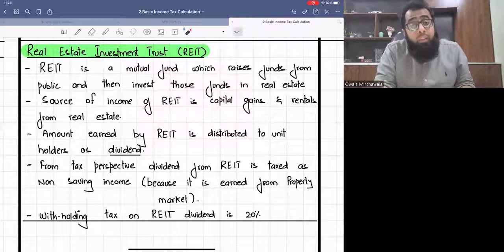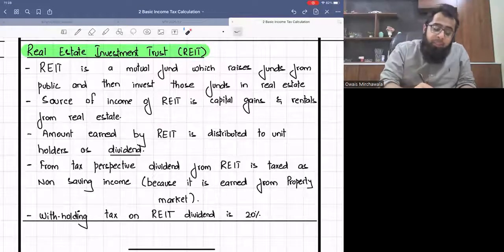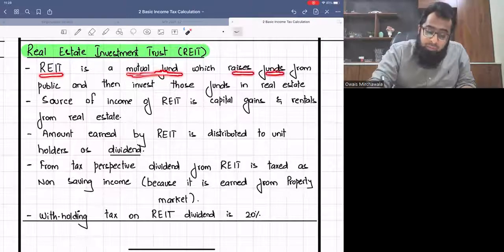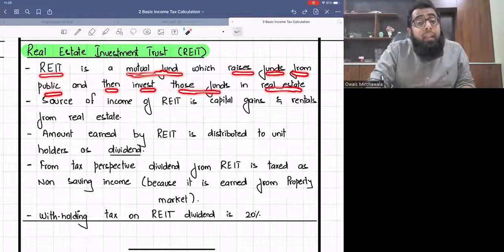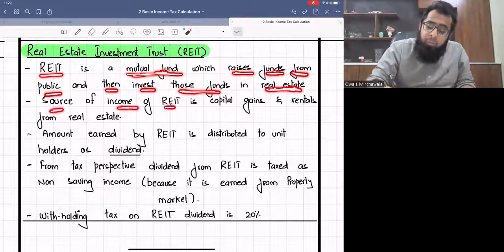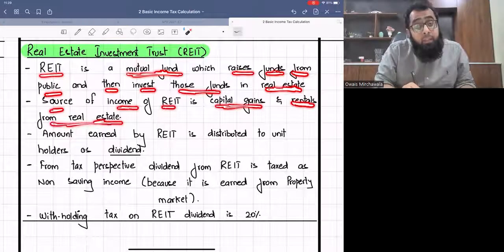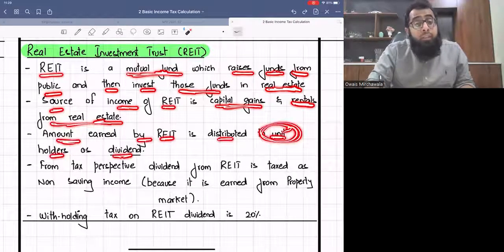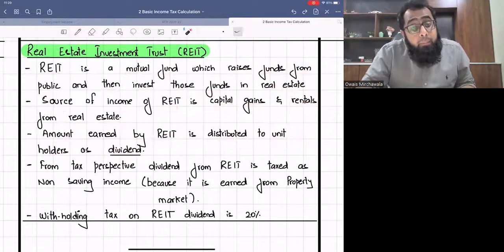Listen to me carefully. What is a real estate investment trust? It is a mutual fund which raises funds from the public and then invests those funds in real estate, the property. The source of income of REIT is capital gains and rentals from the real estate market. Amount earned by REIT is distributed to unit holders, the owners, as a dividend.